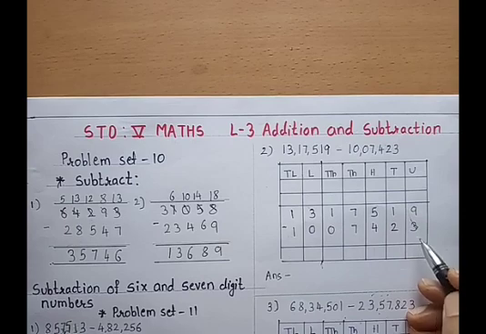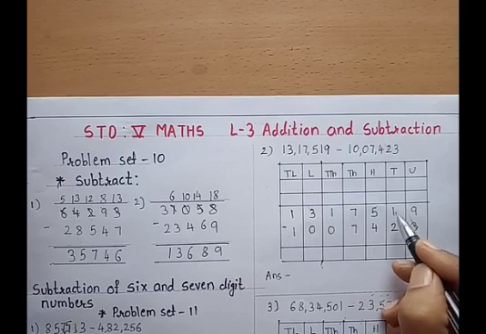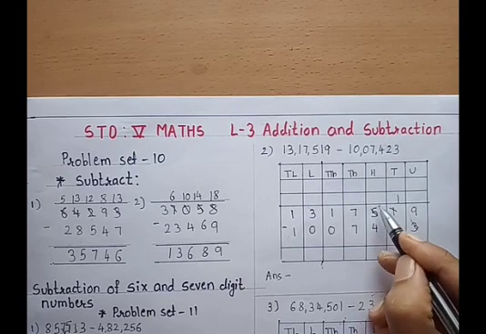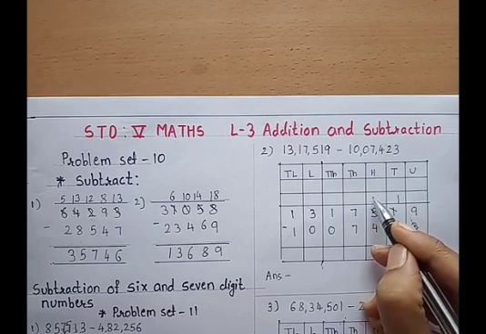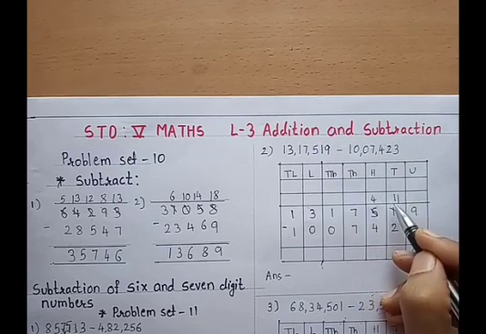9 minus 3, 6. 1 minus 2, can we subtract 2 from 1? No. So cut 1, write down 1. Cut 5, we have to borrow 1 from 5, from the hundreds place. Write down 4 and then put 1.